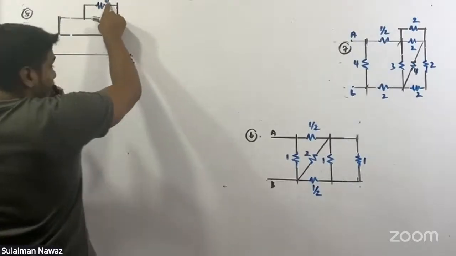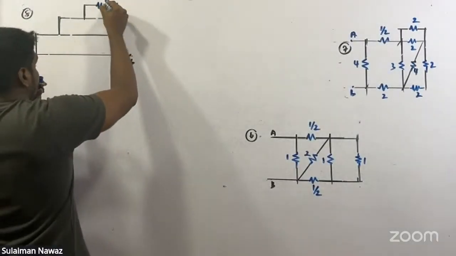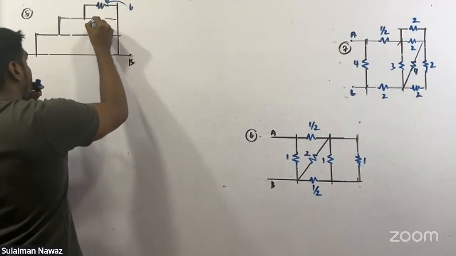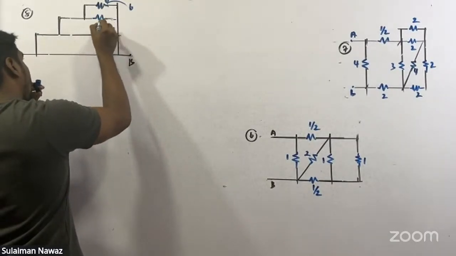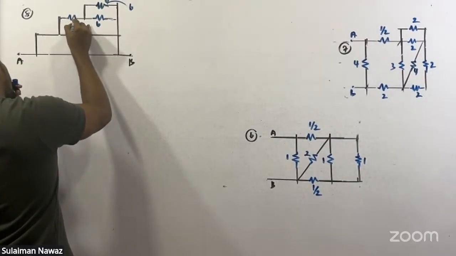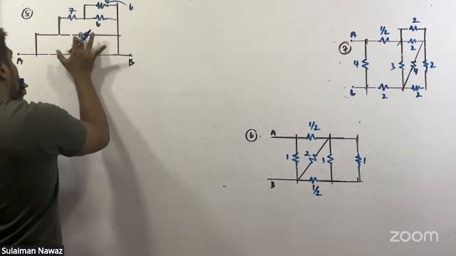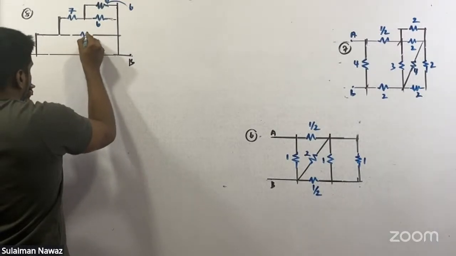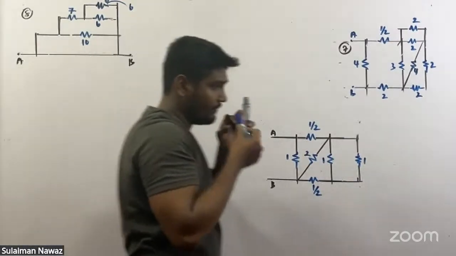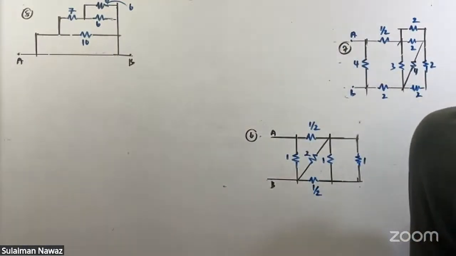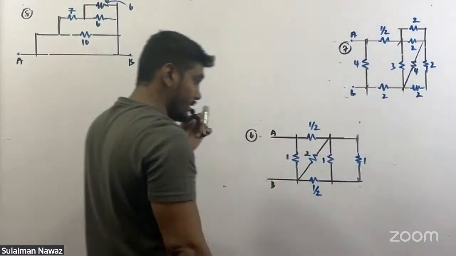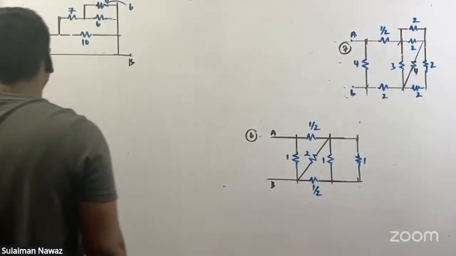If you can't see 6 ohms, this is 6 ohms. 6, 7, it's 10 ohms. 10 ohm.